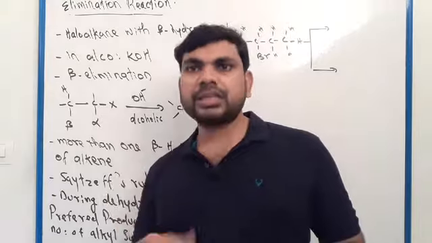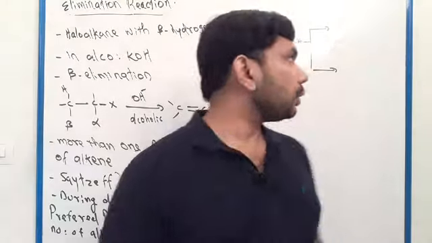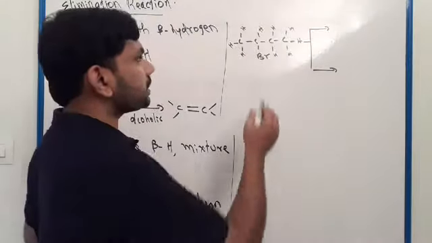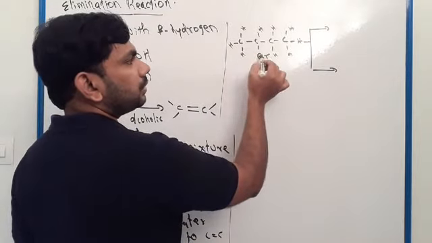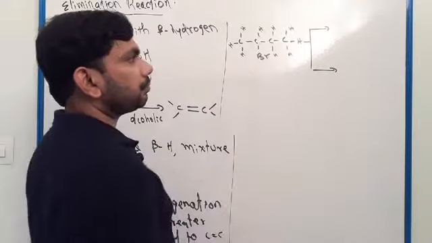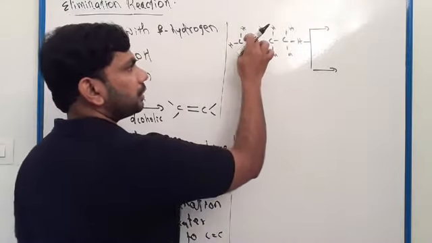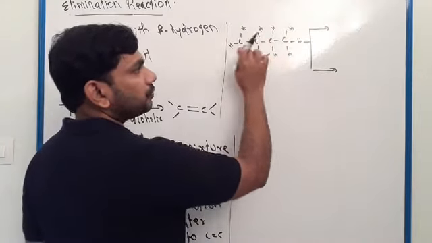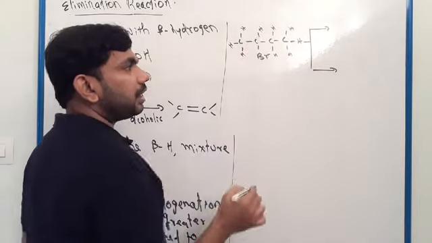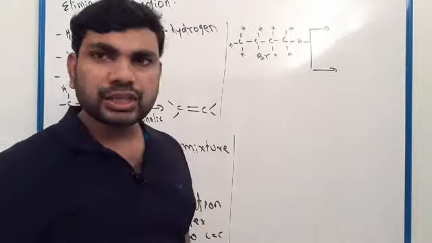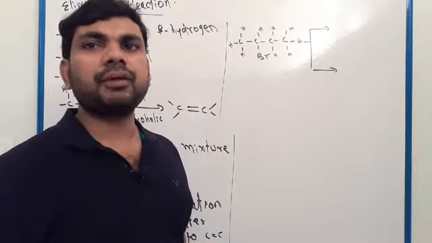more than 1 beta carbon. Look here, this is one example, 2-bromobutane. The carbons are 1, 2, 3, 4, so 4 carbons, and the halogen is attached over here. I told you before, the halogen-attached carbon is the alpha carbon.